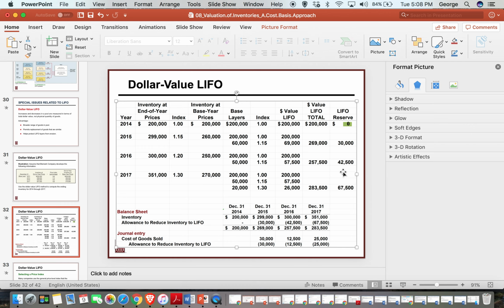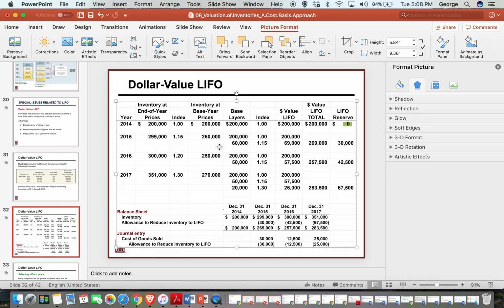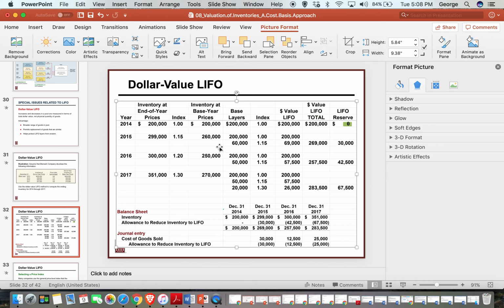And then finally, the last one, I've got 3 layers. I've got the 200 base, so we never hit that. By the way, the reason we had 2 layers here, one for 260, is that we burned through this whole layer.